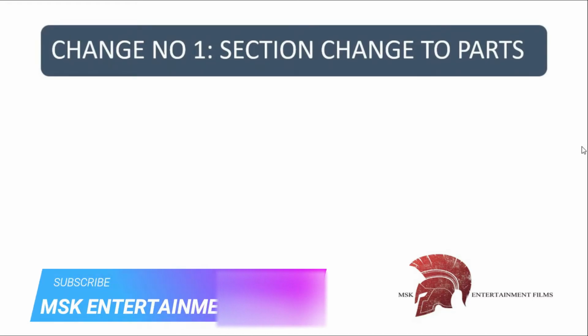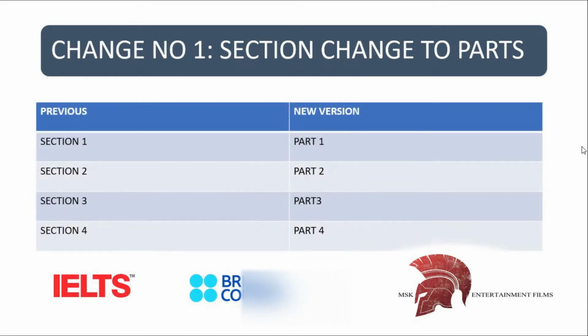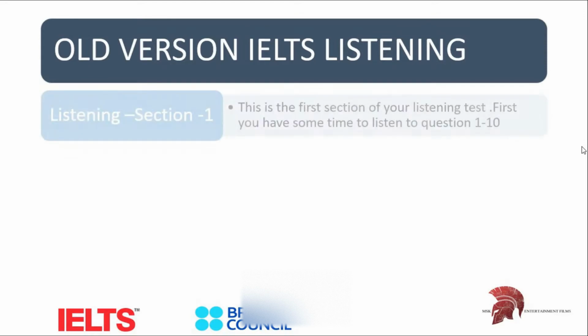So change number 1, section changes to parts. Let's see the previous and the new version. In the previous version there were 4 sections, but now instead of section there will be 4 parts: part 1, part 2, part 3 and part 4. You can see an example of the previous model of the IELTS listening exam.